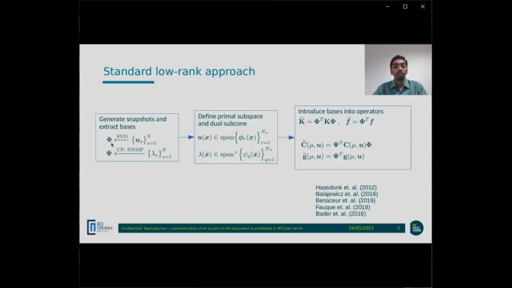However, for contact pressure, we use special algorithms like cone projection or non-negative matrix factorization to preserve the non-negative properties of the contact pressure. This results in a purely non-negative basis psi. Also, the contact pressure is defined to lie in the positive part of the subspace, which is also called a subcone defined by the basis psi.